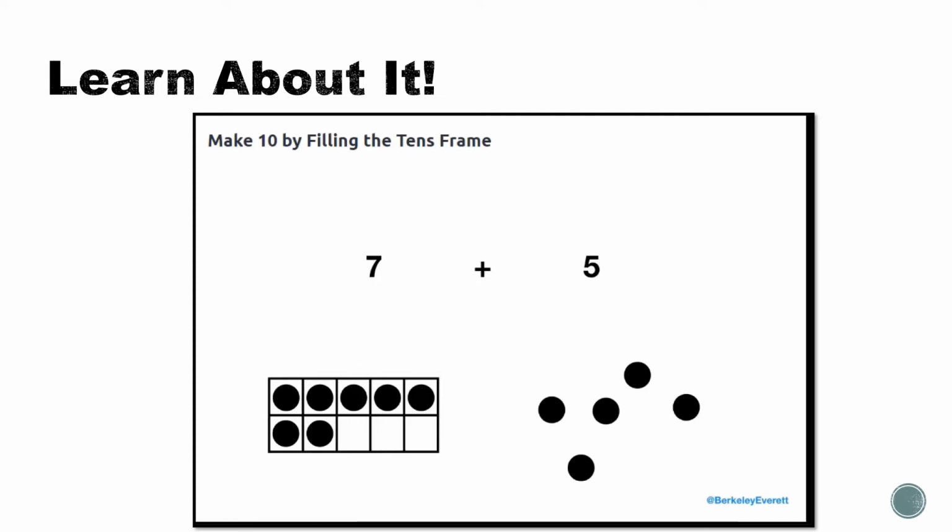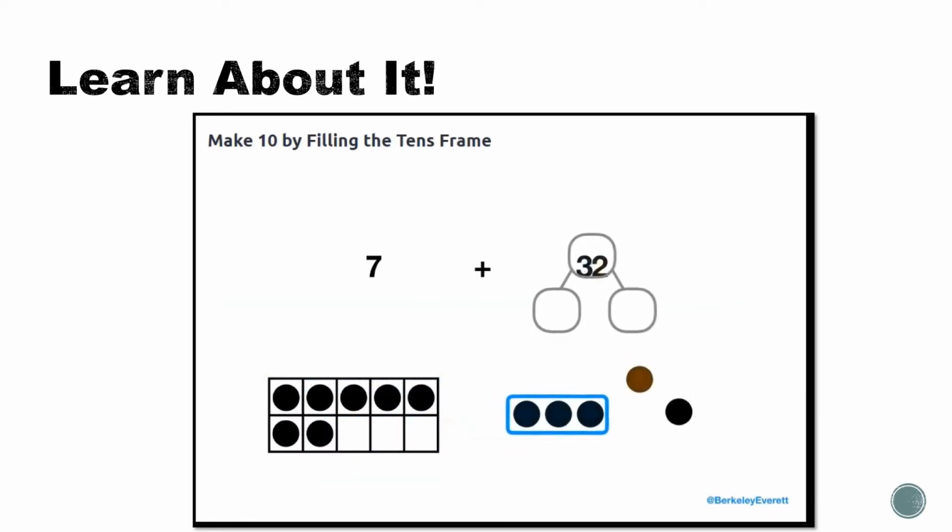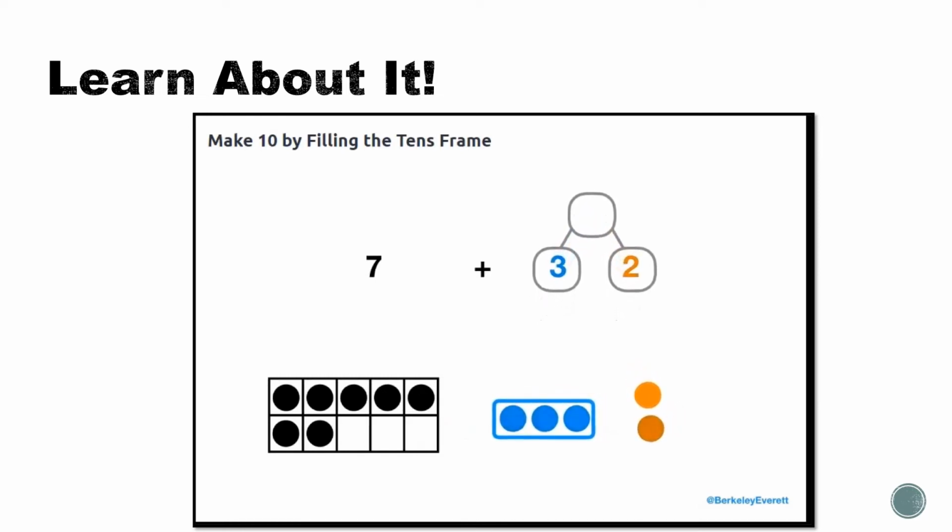Let's take a look at the addition sentence we have on the screen. 7 plus 5. Using a tens frame, we can start by filling in 7. I can see that there are 3 open spaces, so 3 more would make 10. If we move over to our 5, we know that if we took 3, we would be left with 2, because 3 plus 2 equals 5.